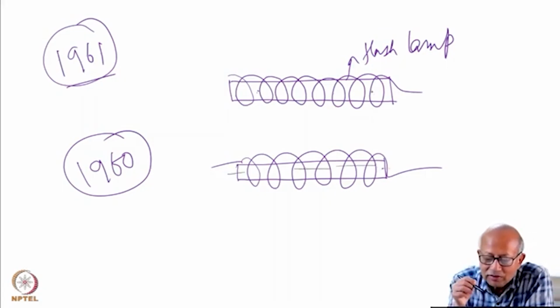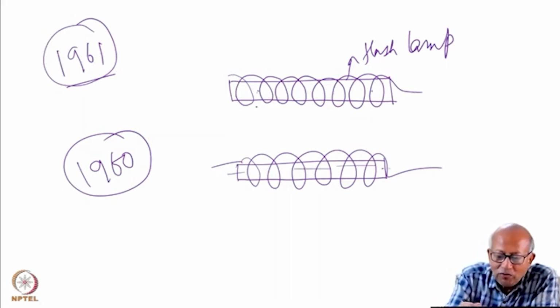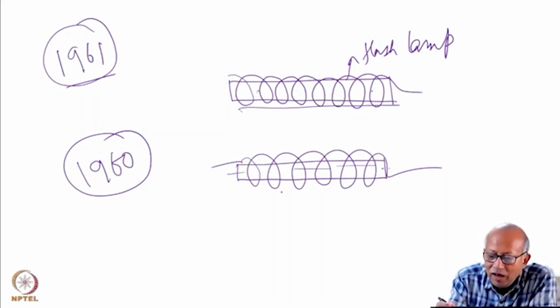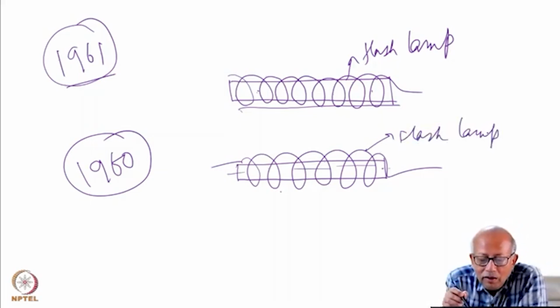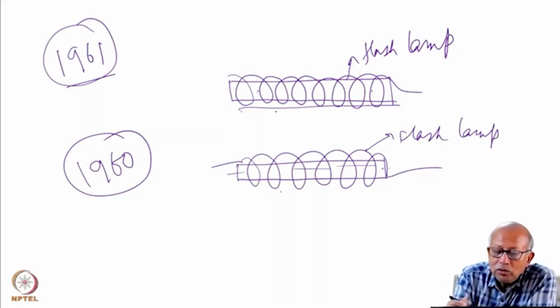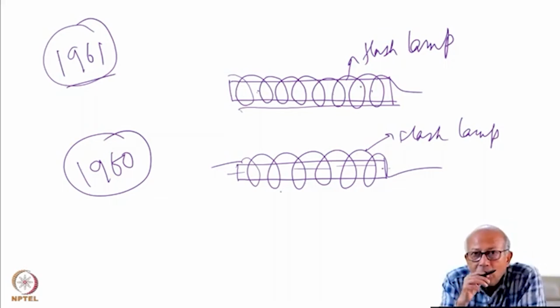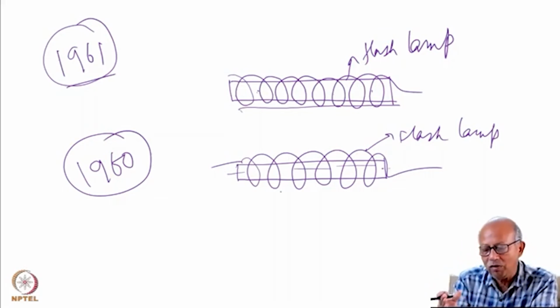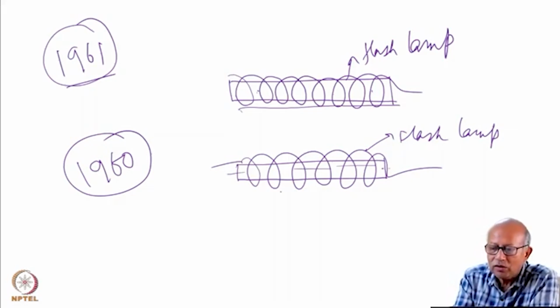In this case, the optical fiber took the shape of this helix, and the flash lamp was wound around it in the form of a helix. Just for the sake of mentioning, it is of interest to note here.